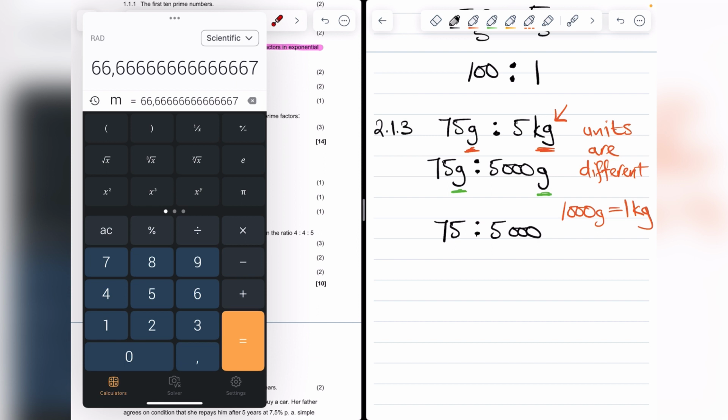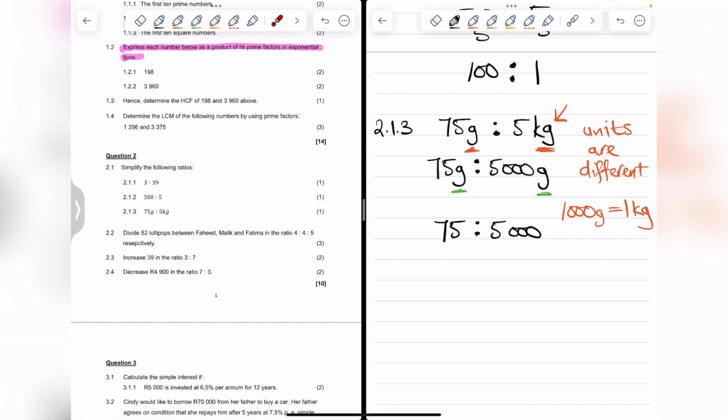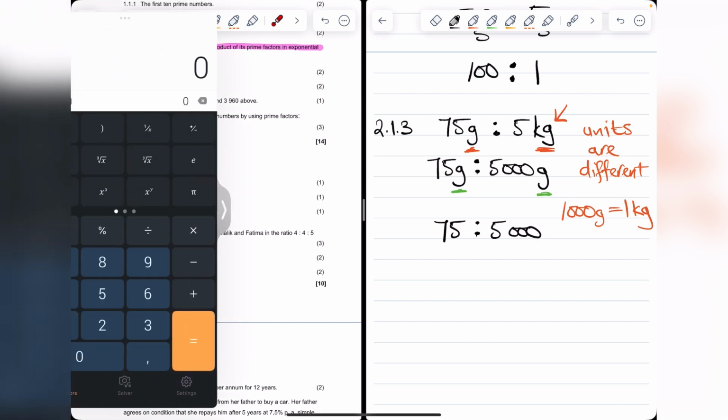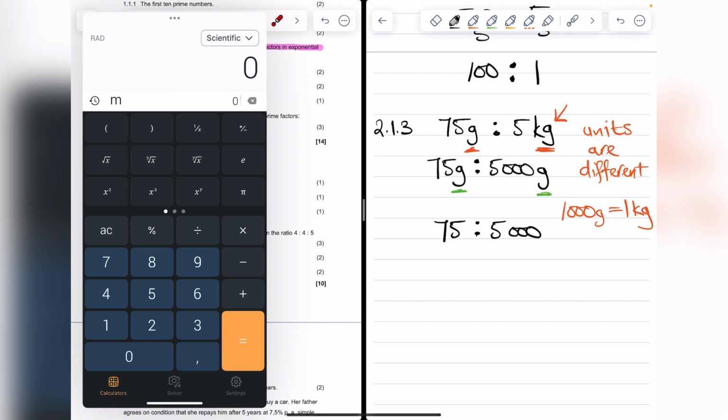So in this case, I cannot just assume that 75 is the highest common factor, because as you can see, the answer is a decimal answer. So we need to choose something that is obviously common to both, that can divide into both. And in this case, let's try 25. So 75 divided by 25, of course, we know that is 3, and 5,000 divided by 25 is 200.